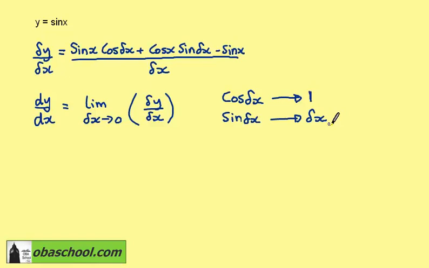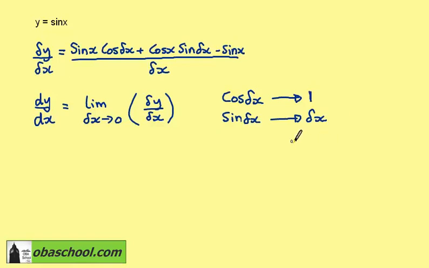Do the sine of 0.1, the sine of 0.01, the sine of 0.001, and so on, and you'll soon see that this is true. As delta x gets very small, the sine of delta x gets very close to the value delta x.